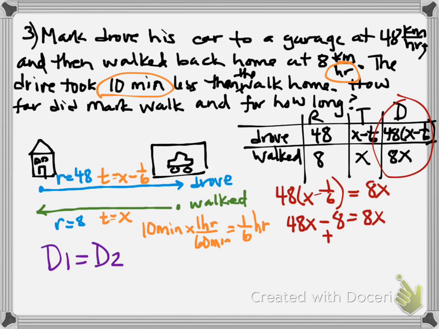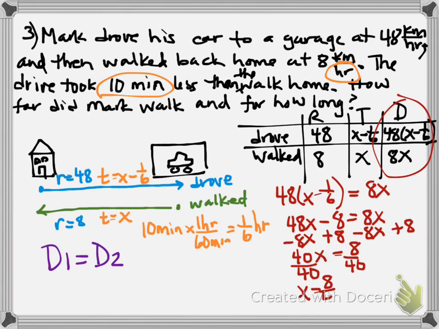Well, I want my constants to go on the right, so I'm going to add 8 to both sides. I want my variables on the left, so I'm going to subtract 8x from both sides. And I get 40x equals 8. I'm going to divide both sides by 40, and I get x equals 8/40, but that simplifies down to 1/5.